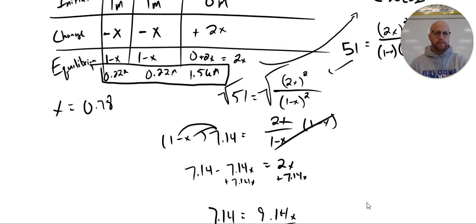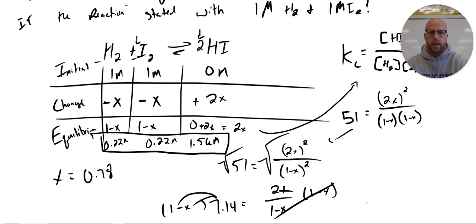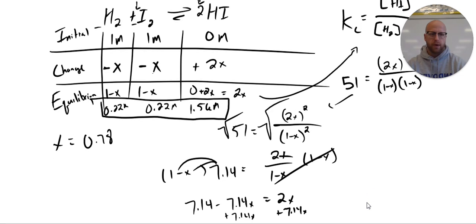So remember, when we're solving these ICE charts, why do we even have to set up an ICE chart? Again, it's because systems at equilibrium go to a set ratio. Okay? So just because I start with 1 molar of this doesn't mean I'll get 2 moles of this. Right? In this case, it's going to go to this ratio of 51. Now, a good thing to do is always check, does my K constant match up with what my equilibrium concentrations are?